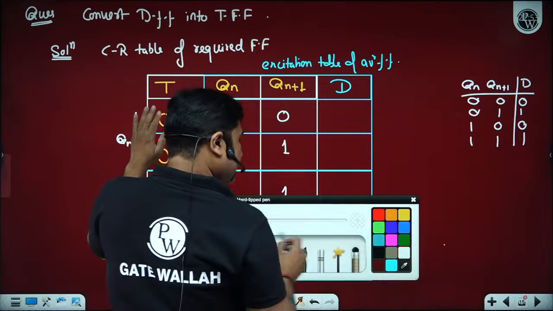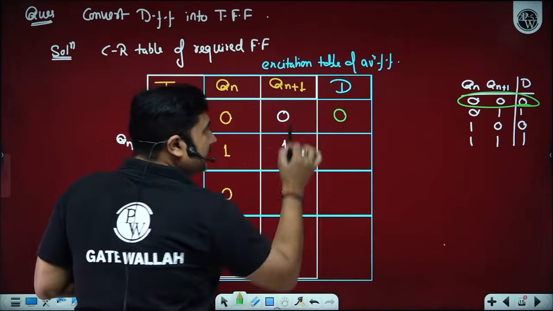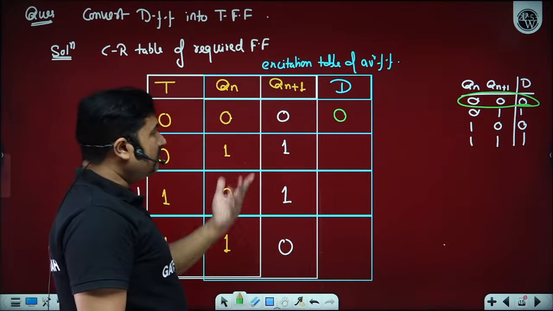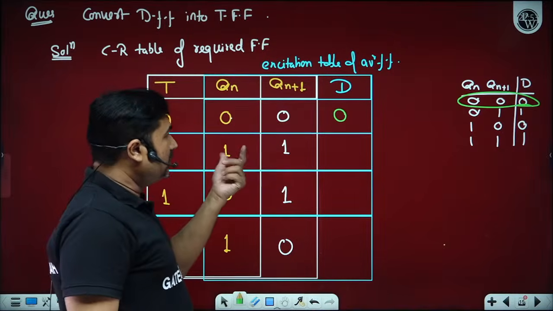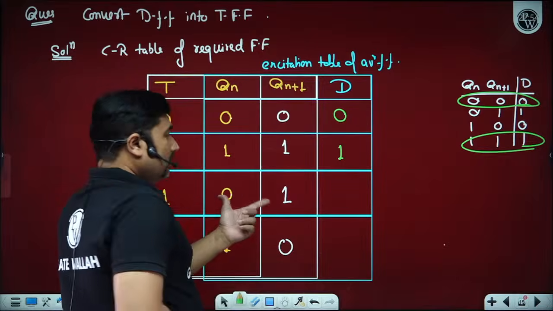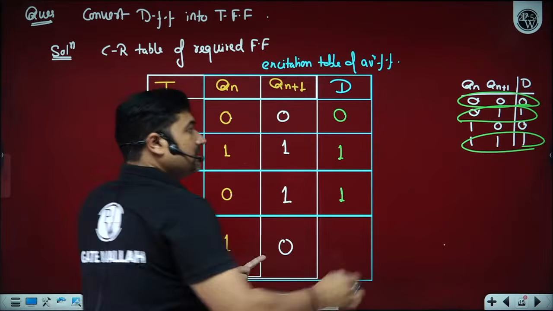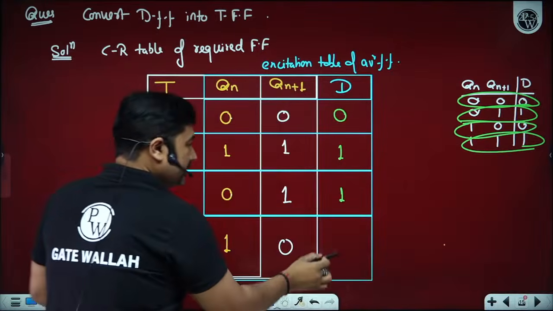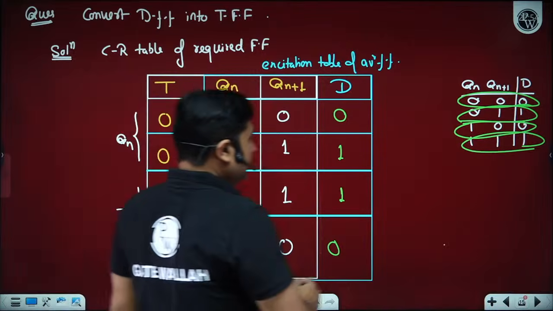Now for present state 0 and next desired state 0, the excitation needed on D is 0. D flip-flop is a transparent latch. You can just copy QN plus 1 and paste on D. You will get the same. For 1, 1 we get 1. For 0, 1 we get 1. For 1, 0 we get 0. How many of you are able to understand? Great. Now please observe.